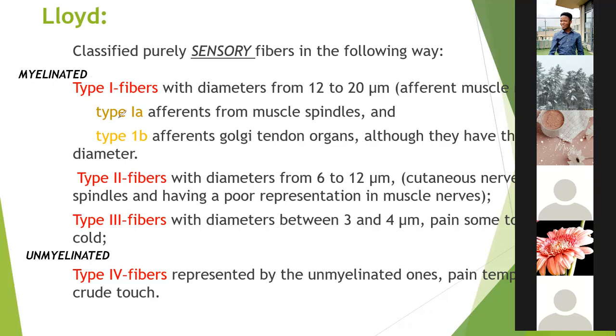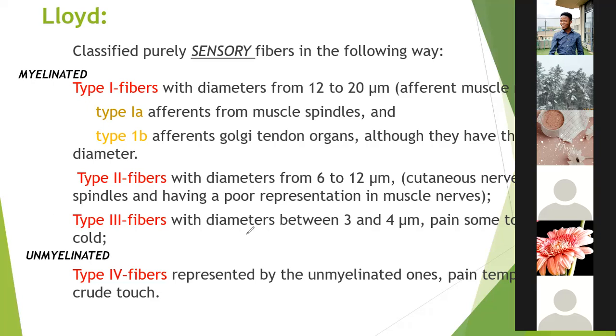Then number 2, he looked at type 2 fibers. And these ones comprised the cutaneous nerves. But you find that even with these, we still have the type 2 fibers because of their size and myelination. So they fall under this category, but they also happen to come from the muscle spindles.